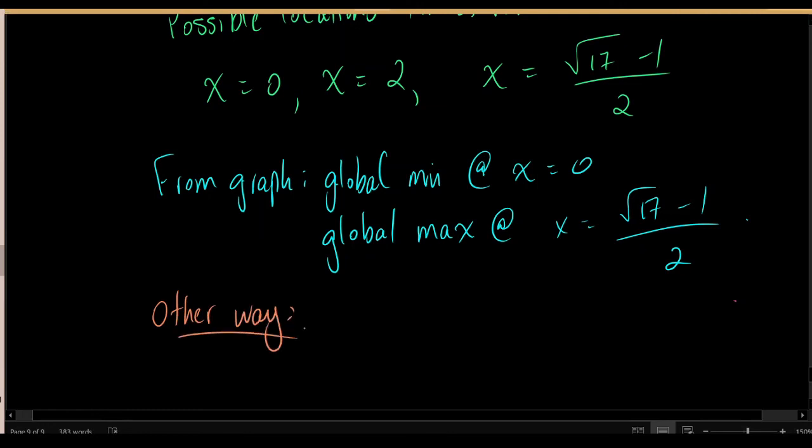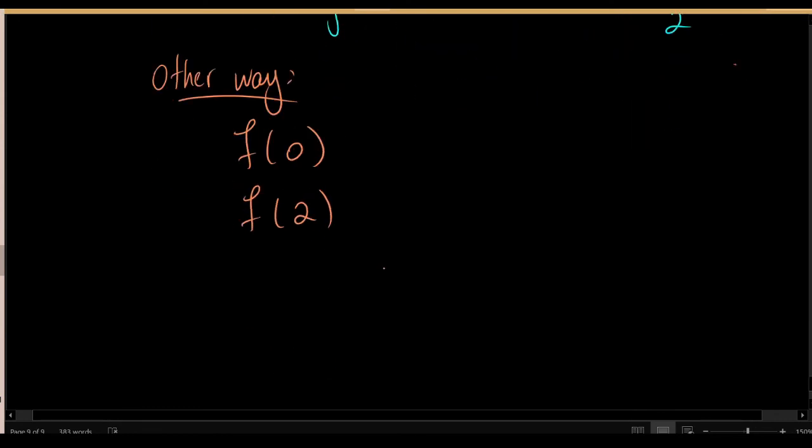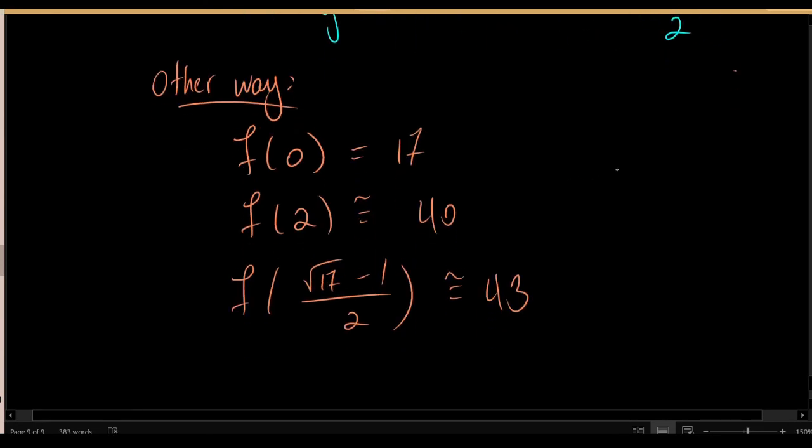The other way, which is more conducive to calculation, is just to go ahead and calculate f evaluated at x equals 0, f evaluated at x equals 2, and f evaluated at x equals square root 17 minus 1 all over 2. See what the output values are.